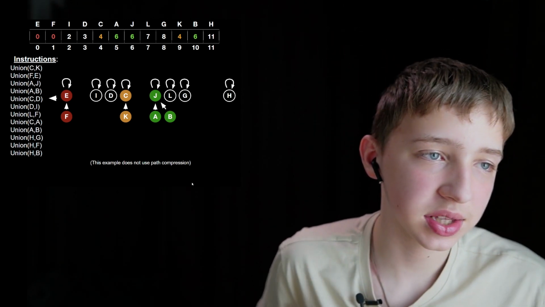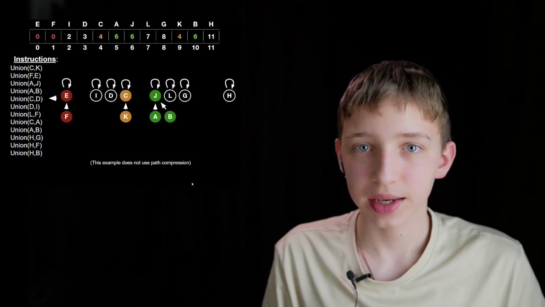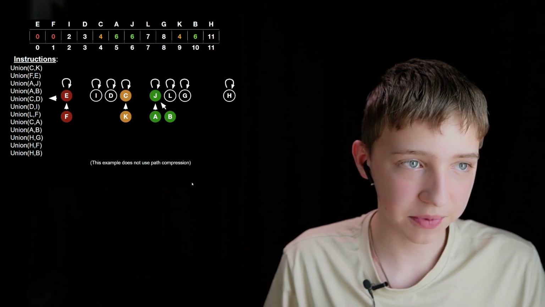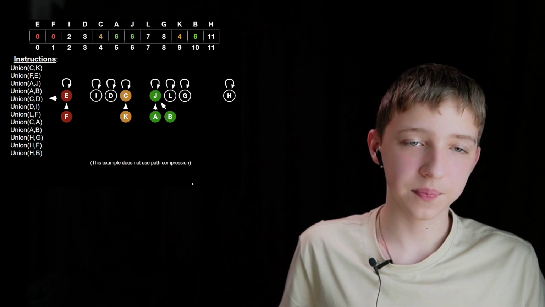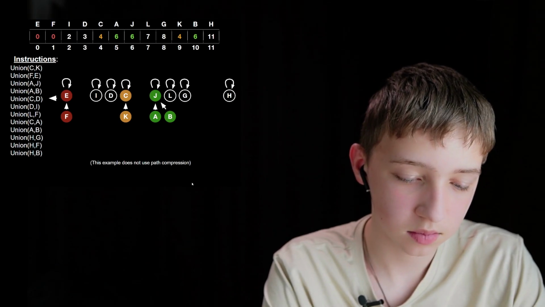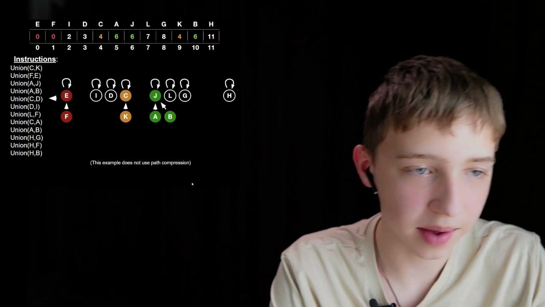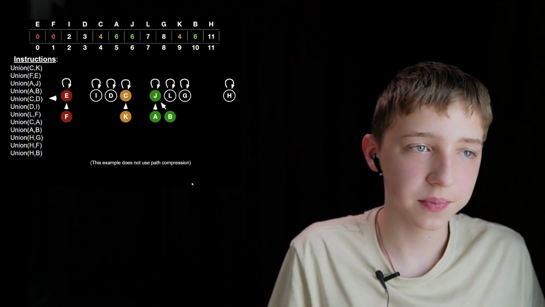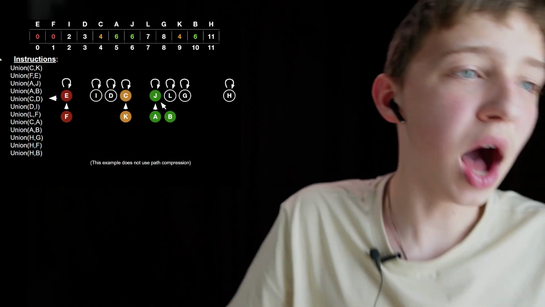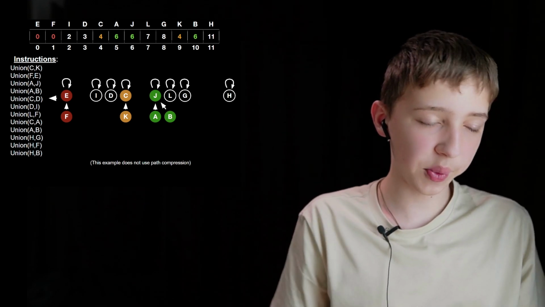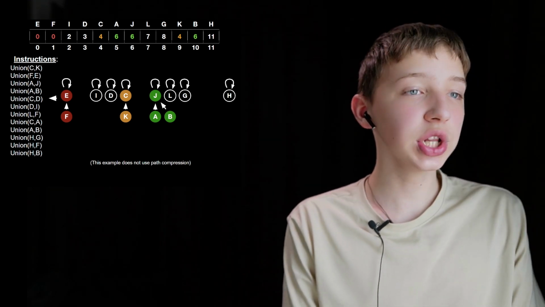Yes. So here that is what it was initially, these from 0 to 11 on the bottom. That is their original indices of the groups.